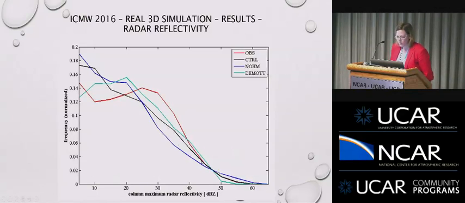In this case, for high reflectivity, low frequencies, the control is really close to the observations, but you also need to take into consideration that it's still not the same domain that we use for the observations and for the simulations. But you can see that the Demott case is closer to the observations at low dBZ, high frequency values.